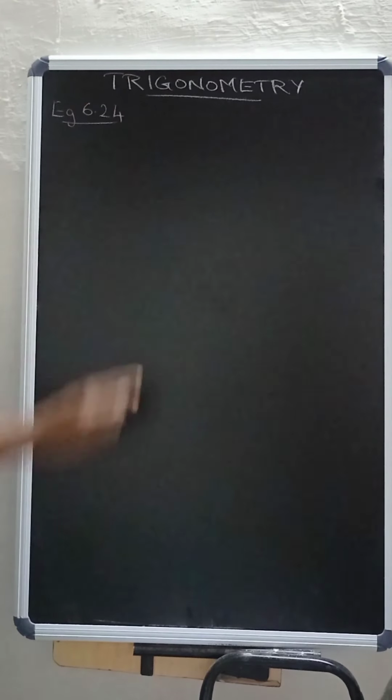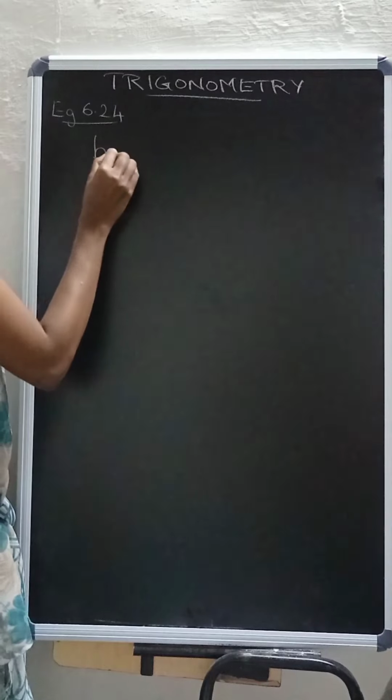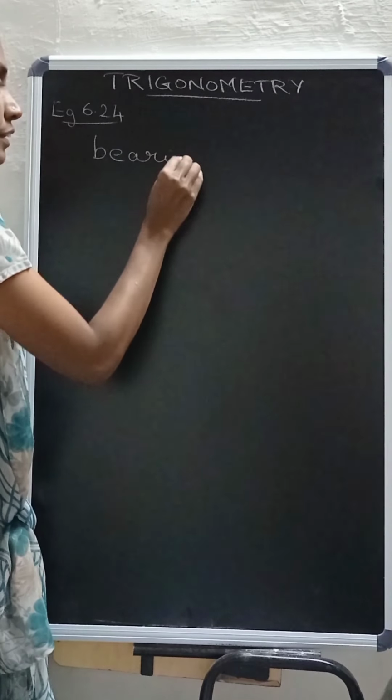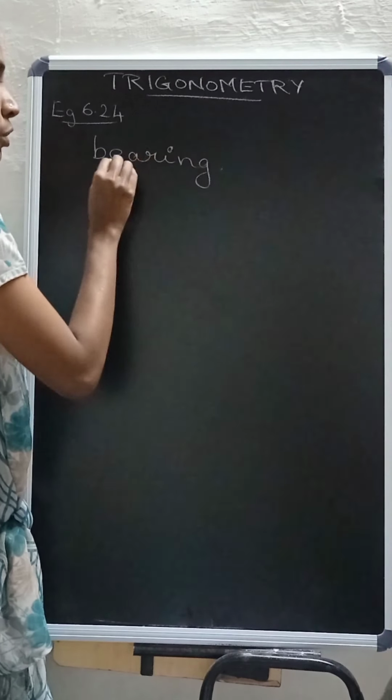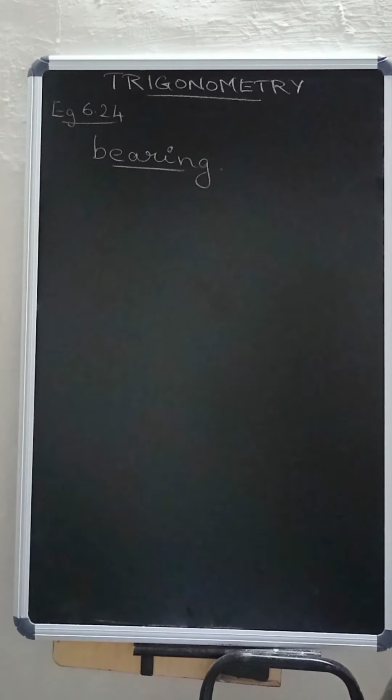See the question. An aeroplane sets off from G on a bearing of 24 degrees. Can you see the word bearing? Now, what does bearing mean?